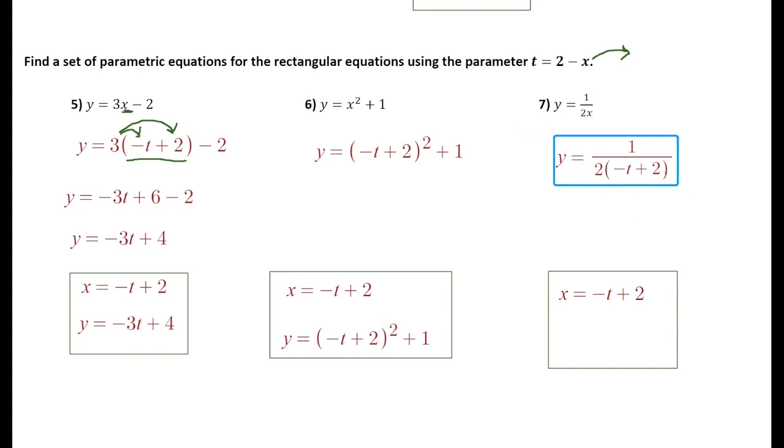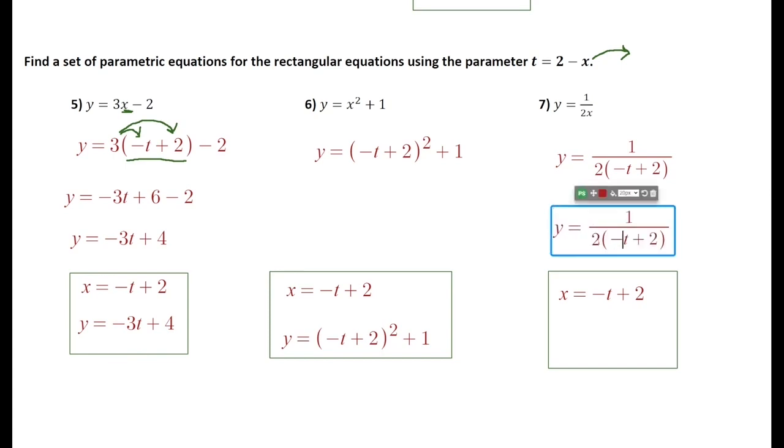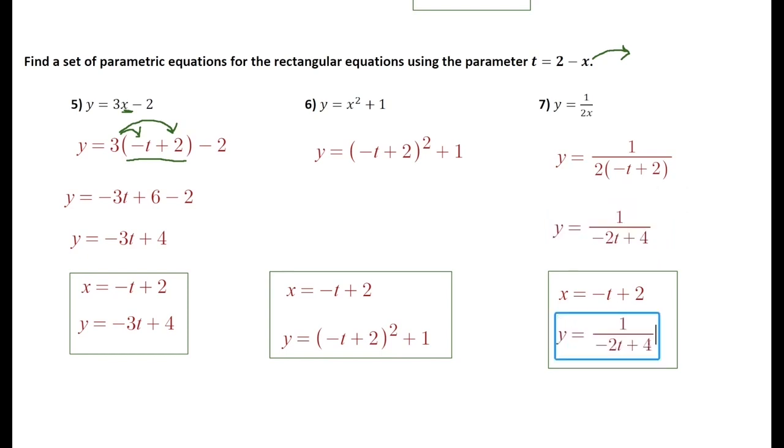I'm going to go ahead and distribute that, and I think that's about as far as I'm going to take it though. So we've got 2 times negative t is negative 2t, and then negative 2 times 2 is going to be 4, so plus 4. And that looks pretty good. So I'm going to throw that in my little answer box, and there you go. There's 5, 6, and 7 just right in a row like that.